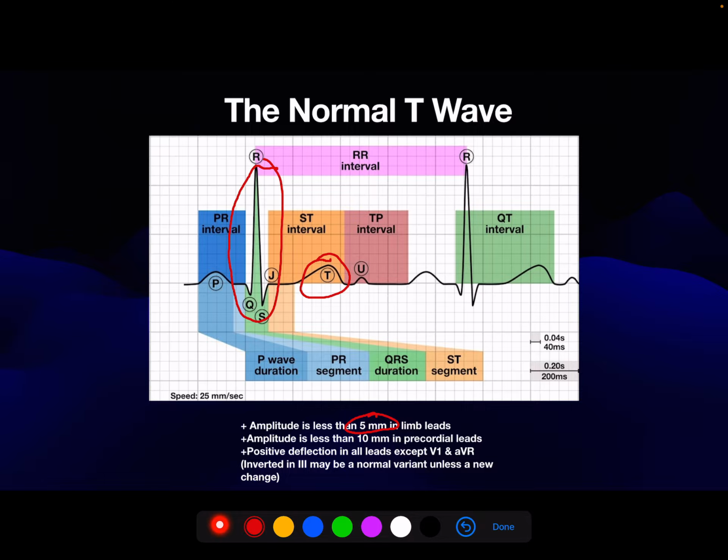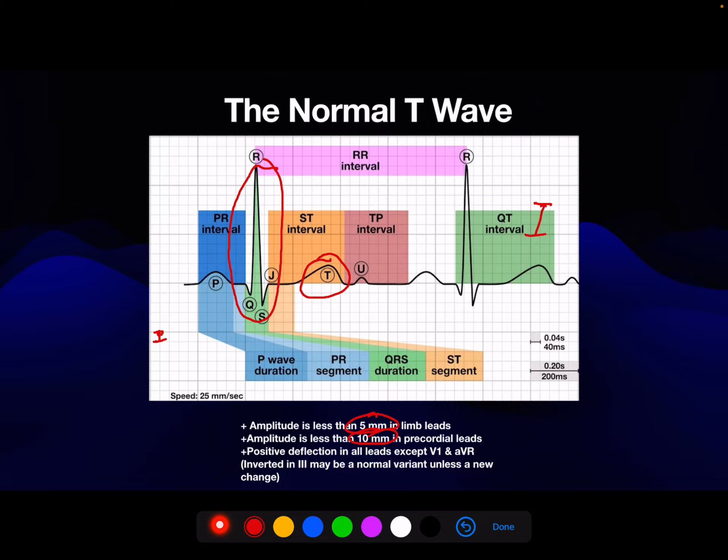Remember, each little box on your ECG is 1 millimeter. So the amplitude should be generally less than 5 millimeters in limb leads, and it should be less than 10 millimeters in the precordial leads, V1 through V6 specifically.